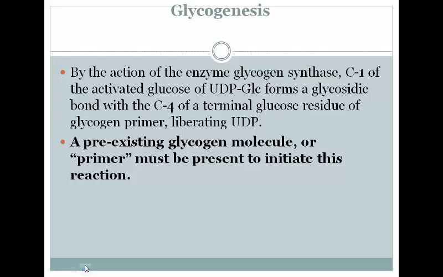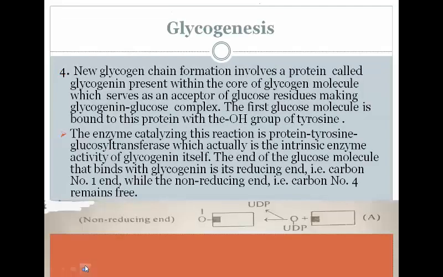First, the formation of the primer or glycogen primer is required, or there should be a pre-existing glycogen molecule. So let's see how this glycogen primer is formed, or what this primer is.